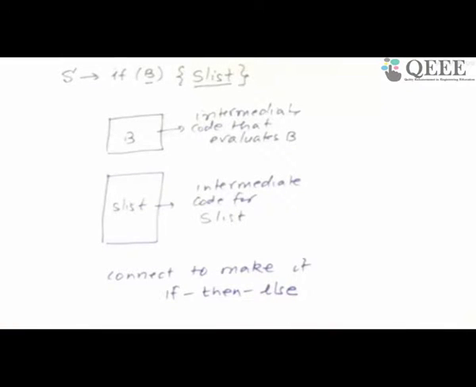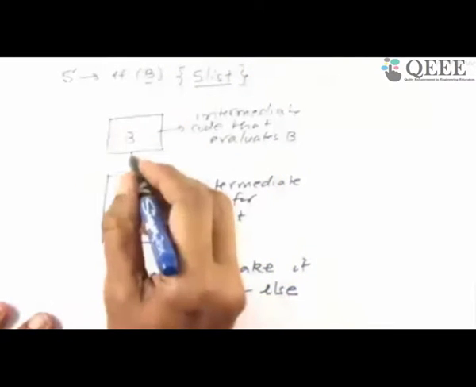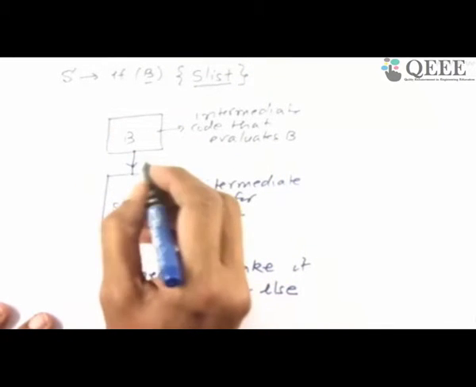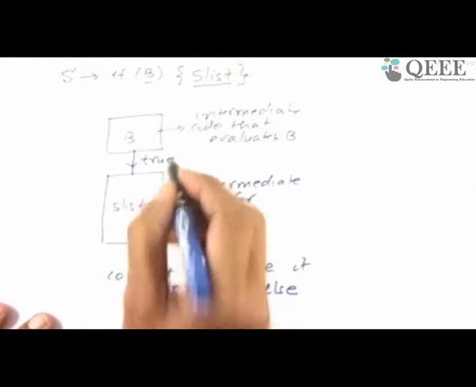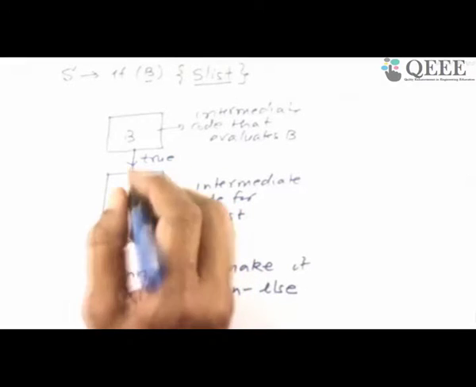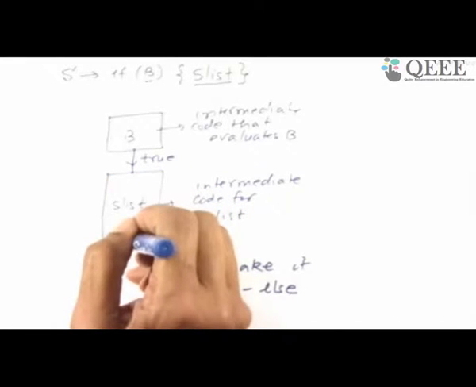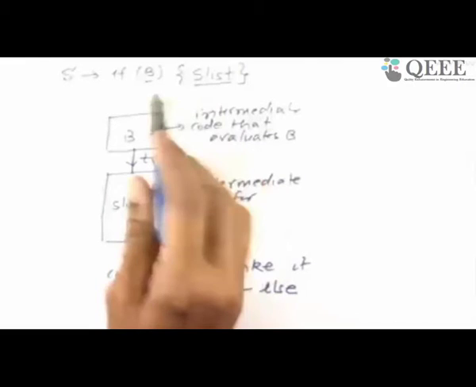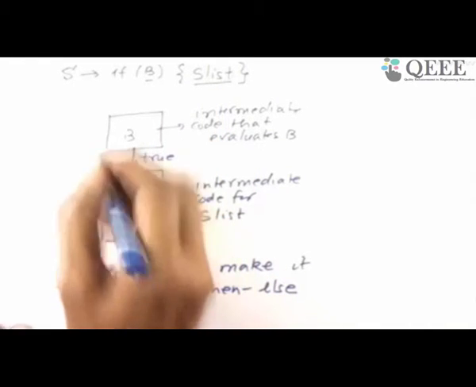And the connection goes like this. If B is true, then I want to connect it to S list, which means I will put a label here, I'll explain later. Every place in this code where B evaluates to true, I will go and do S list, because this is what the semantics says. If B is true, do S list. What do I do when B is false?